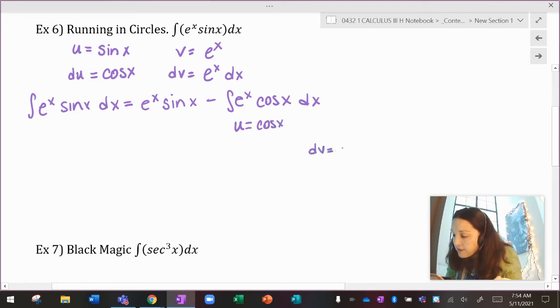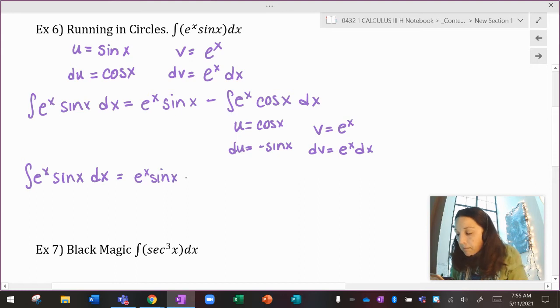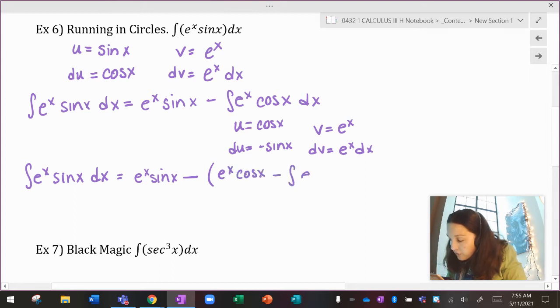And then dv is going to be e to the x. And the derivative of cosine is negative sine x. So now I have the integral of e to the x sine x dx is going to be e to the x sine x, which I already had, minus another integration by parts formula. U times v minus the integral of v du.